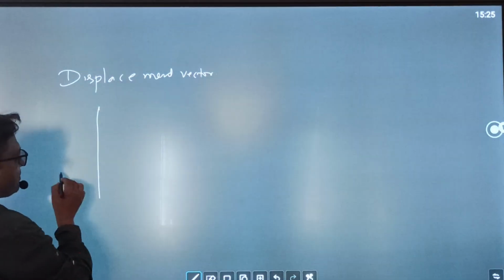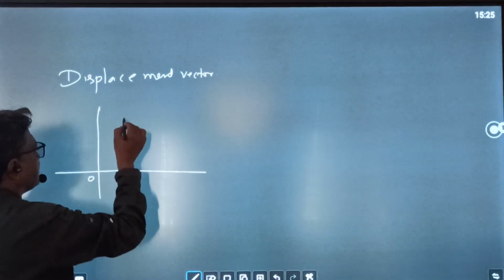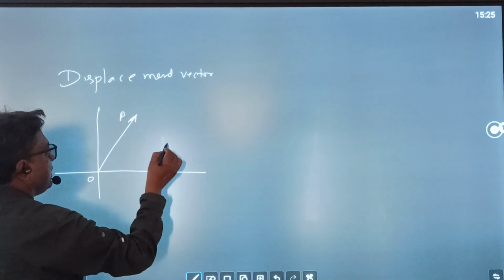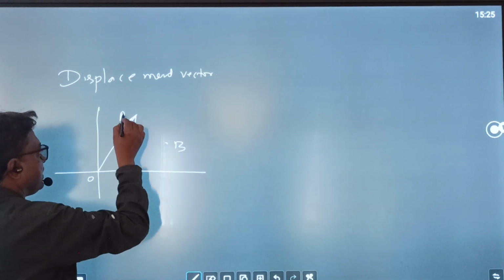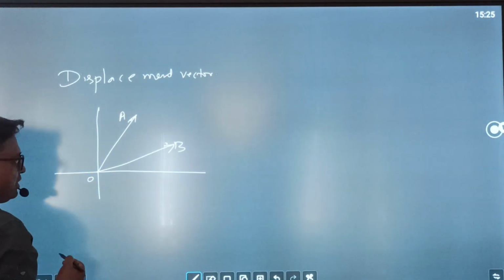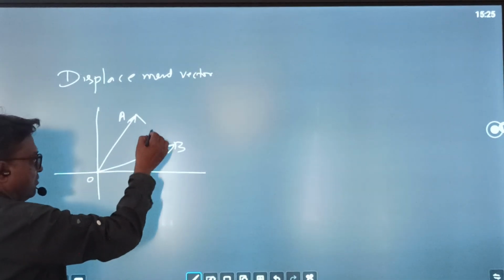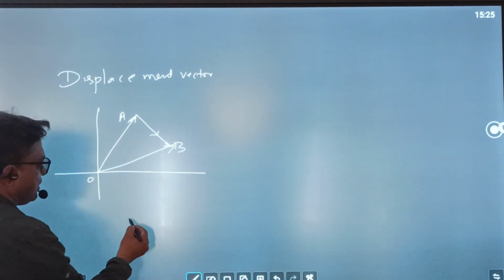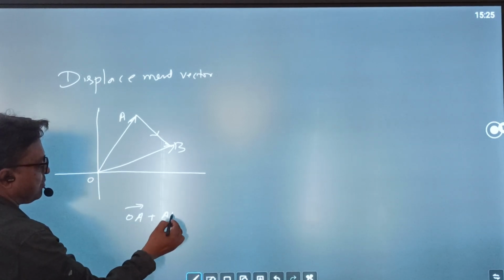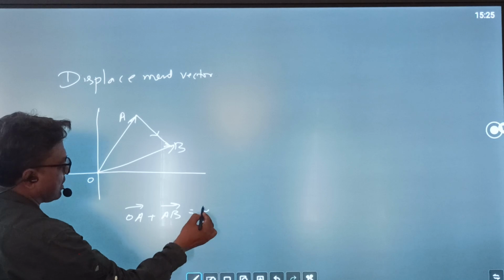If we talk about displacement vector, then as we just discussed about position vector, suppose we have 2 points A and B. The position vector of point A is vector OA and the position vector of point B is vector OB. Now if I join point A with point B, then vector OA plus vector AB is equal to vector OB.